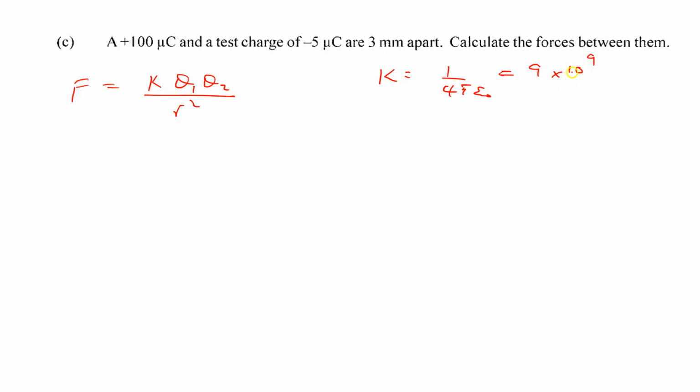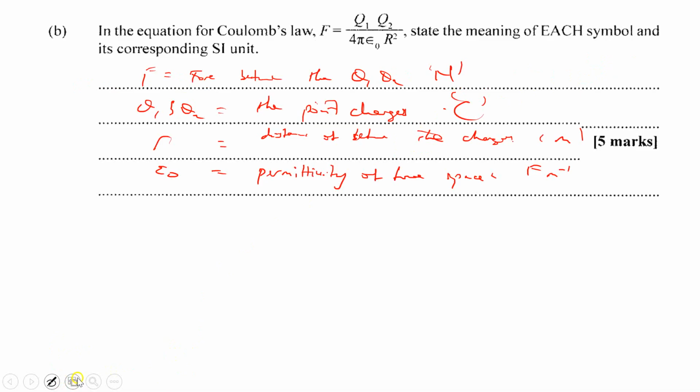Honestly, I don't remember the unit, but I believe it has a unit. What was the unit for electrical permittivity? Let me correct myself, I think this is Farads per meter.